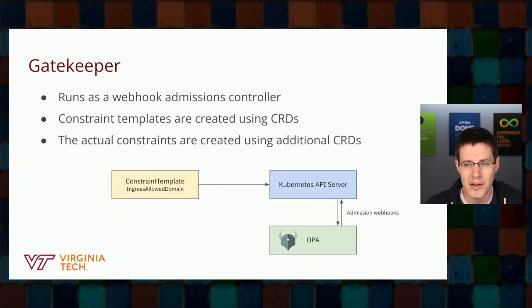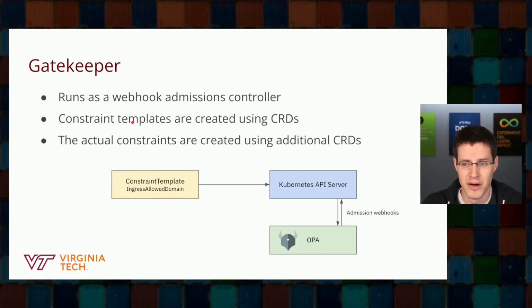And so what Gatekeeper does, again, is it makes it easy for us to define these policies using the custom resources, which we've talked about the last couple of weeks. So it also runs as a webhook admissions controller, so it will receive those objects, those review objects, kind of parse the JSON and then pass it off to our Rego policies.